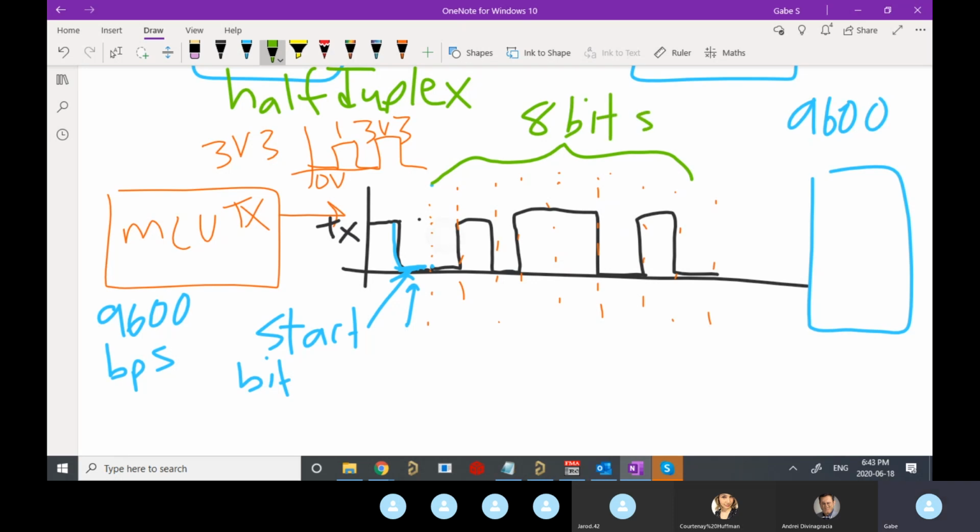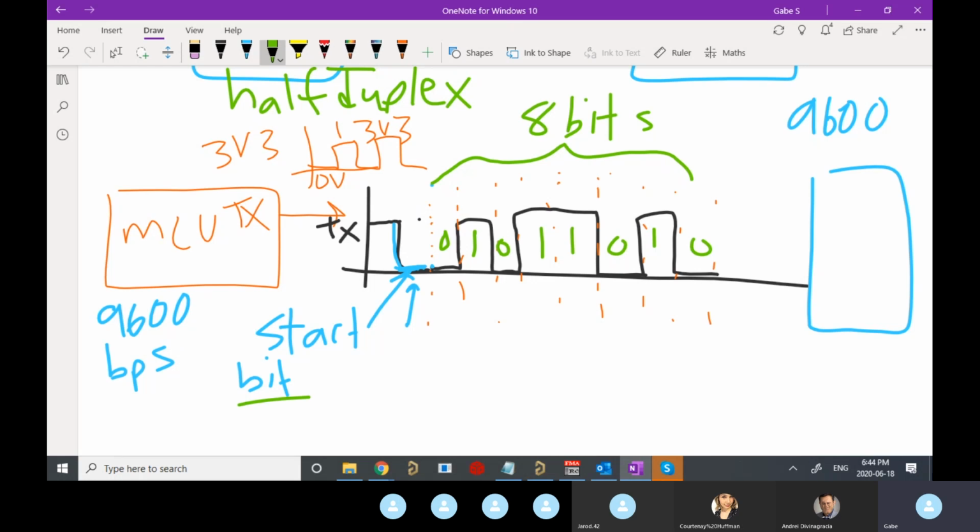So this is a 0, for example. This is a 1, 0, 1, 1, 0, 1, 0. Right? So 8: 1, 2, 3, 4, 5, 6, 7, 8. So those 8 bits of data go across one at a time to whoever we're talking to, right? And that's where the actual data and things that you're sending are held, right? This start bit is always there.